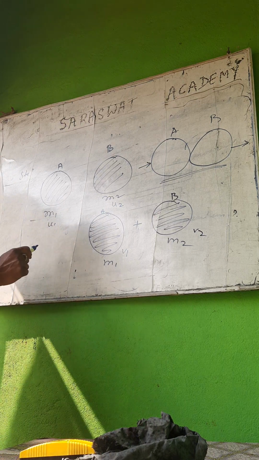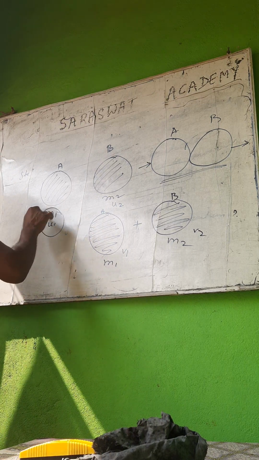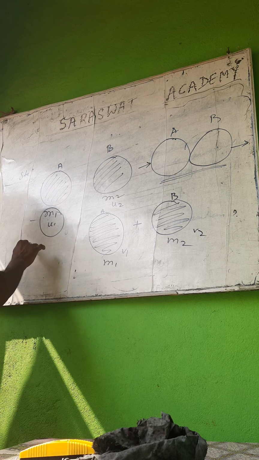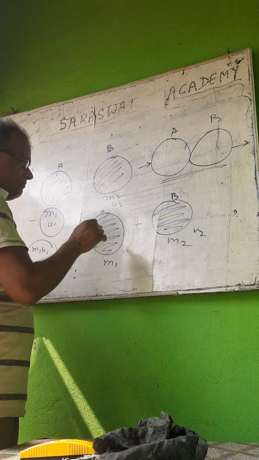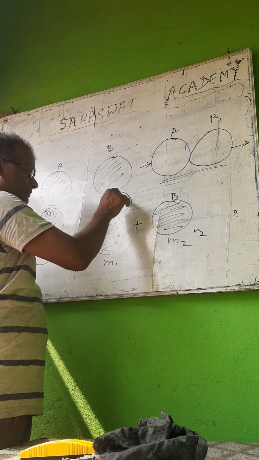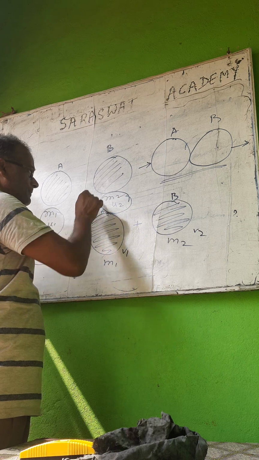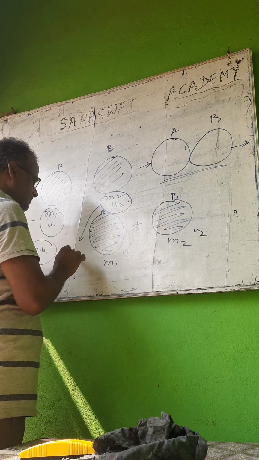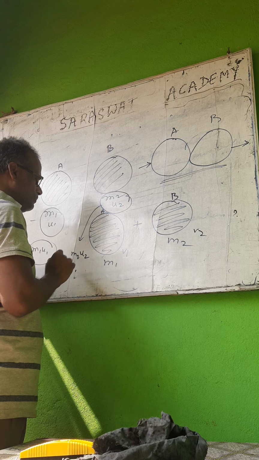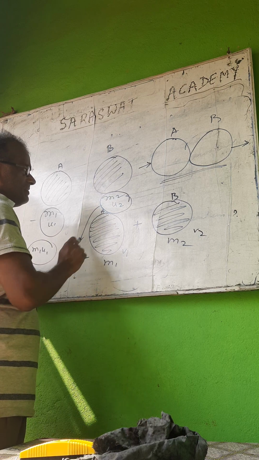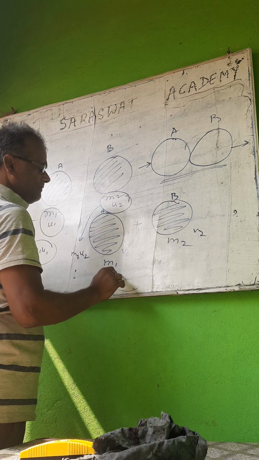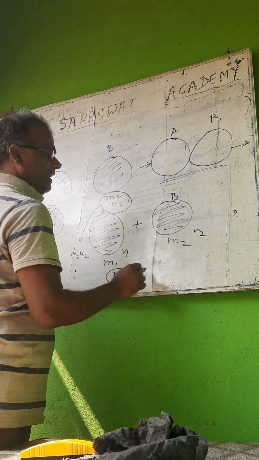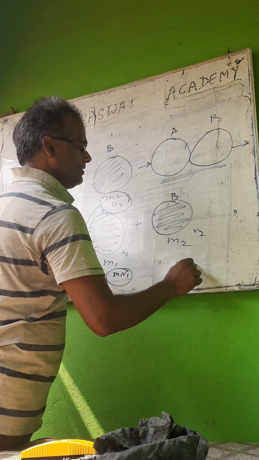So in previous classes we have discussed the product m1 u1. This is the momentum of object A, and the product m2 u2 is the momentum of object B. These two are before collision. After collision, this is m1 v1 and this is m2 v2.